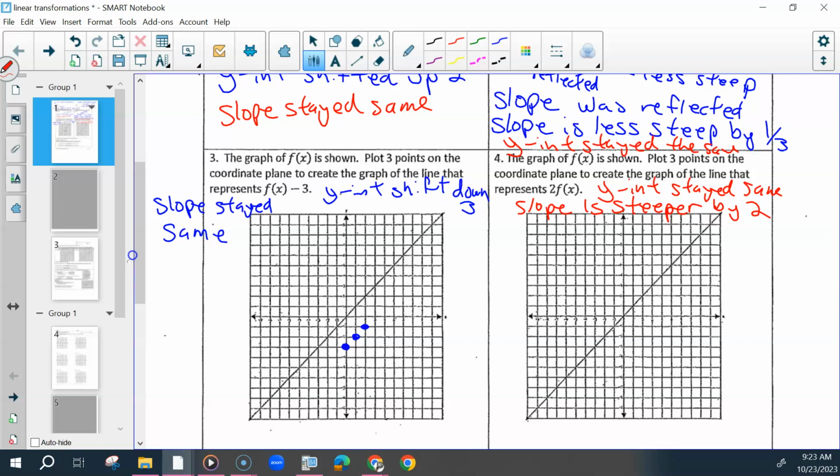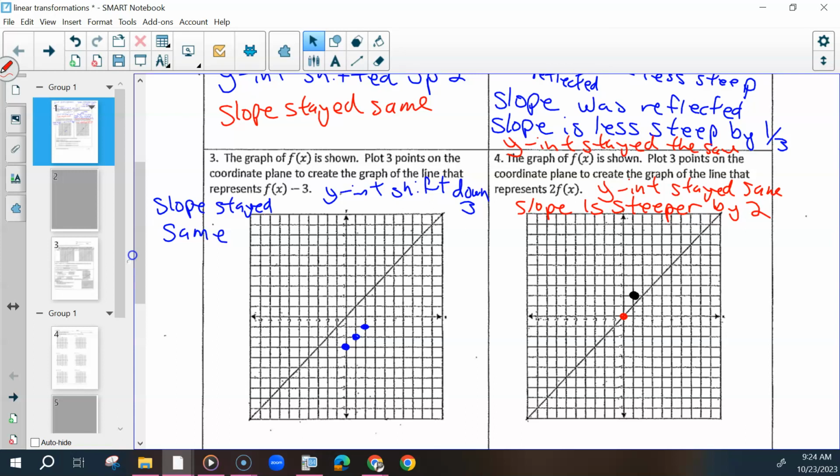So if the y-intercept stayed the same, and I still need 3 points, I can put that point back at the same y-intercept. I need 2 other points that show the slope is steeper by 2. So where could another point be? Say that point again. Would that be steeper by 2? There we go.